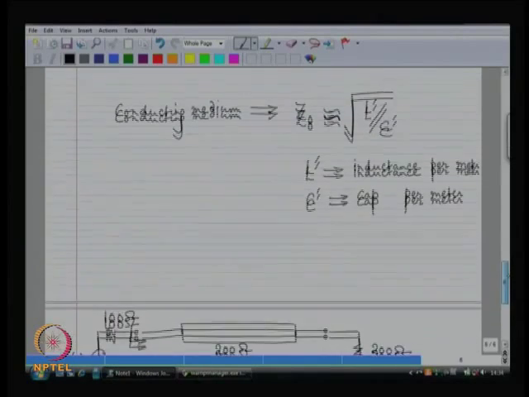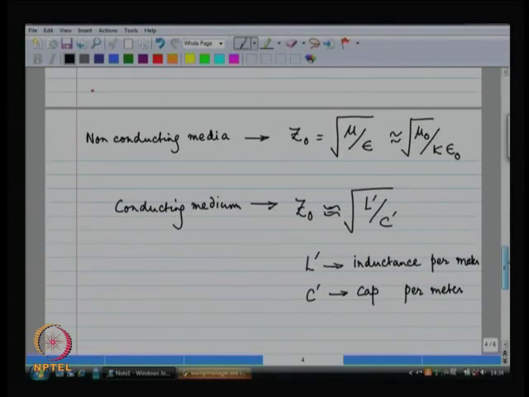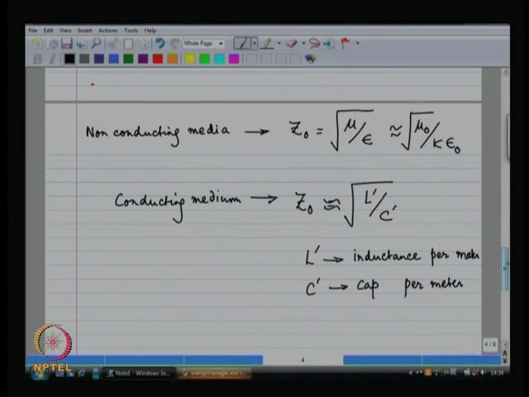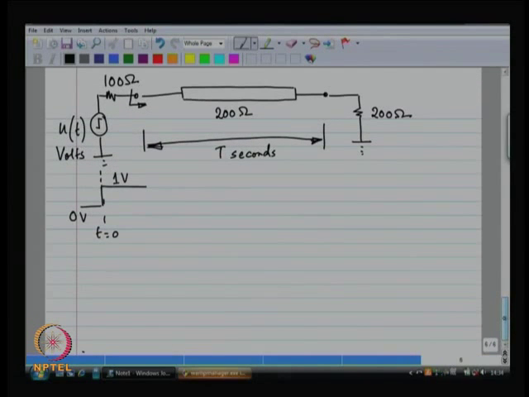As you see, it is probably coming from a formula like this, or like square root of mu by epsilon, or square root of L prime by C prime. One of these formulae is leading to the characteristic impedance. So, we have launched this wave, and this wave does not know what is coming on the other side of the transmission medium. To the wave, the transmission medium appears to be an impedance of 200 ohms.